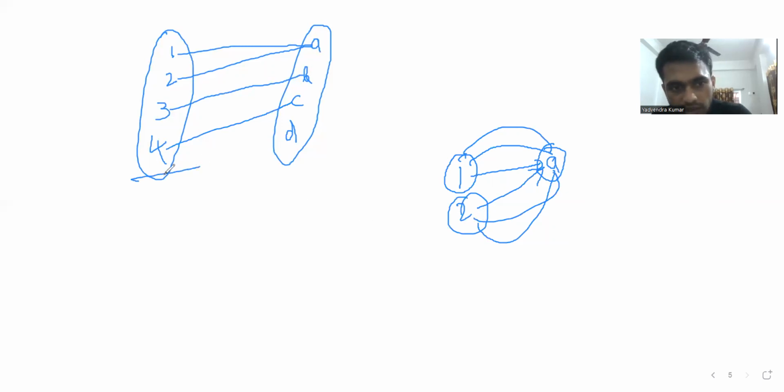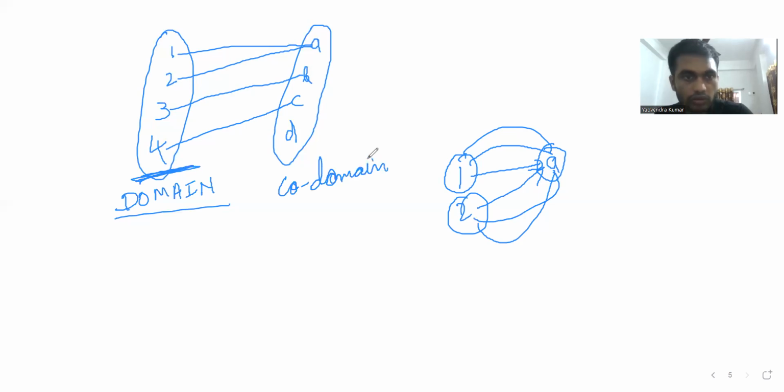So whatever our input set is, meaning the domain, in the domain, if multiple elements relate to a single element, it is still a function. But from the codomain, consider B has mapped to 3 and D is also mapped to 3, right?